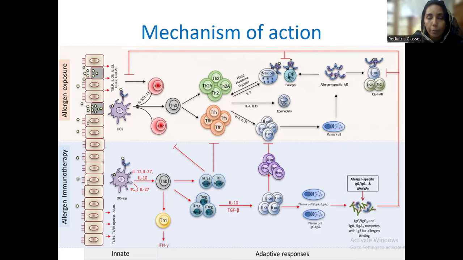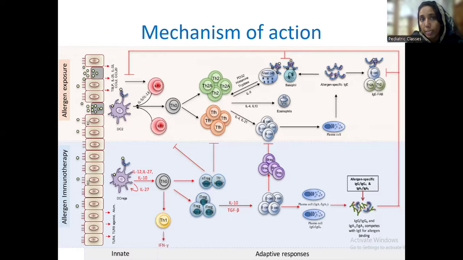Whereas in immunotherapy, we are giving small controlled amounts of allergens, which cause stimulation or upregulation of T regulatory cells. T regulatory cells are actually CD4 plus CD25 plus cells. They secrete or help the formation of IL-10 and TGF beta, which helps in the formation of IgG4.